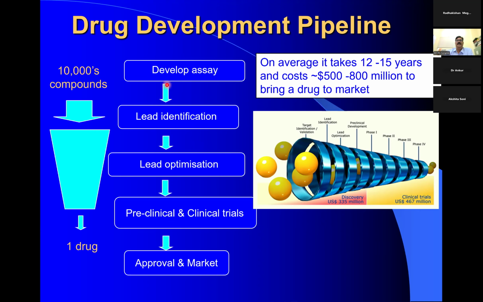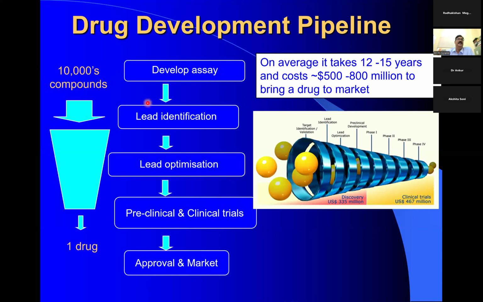This validated assay is then used in high throughput screening to test a large library of molecules. Because all pharmaceutical industries have their own large set of libraries, millions of compounds. So once they identify and validate it, they perform high throughput screening, and then they come up with a drug-like molecule, which we also call a lead molecule.